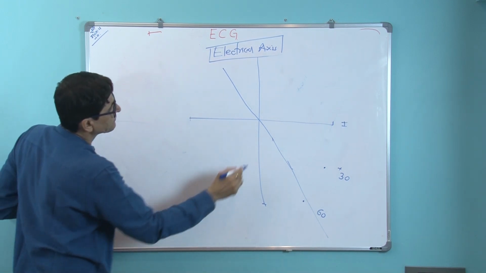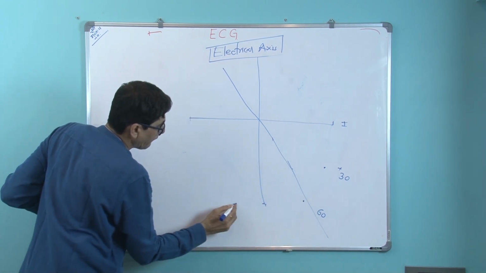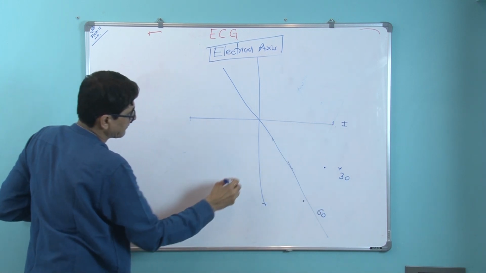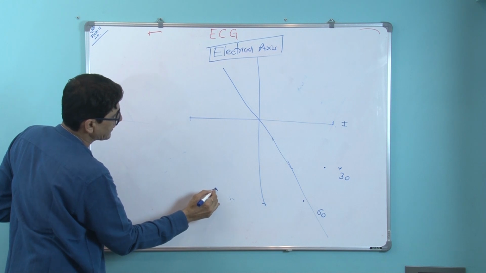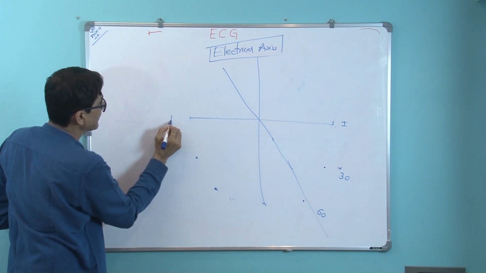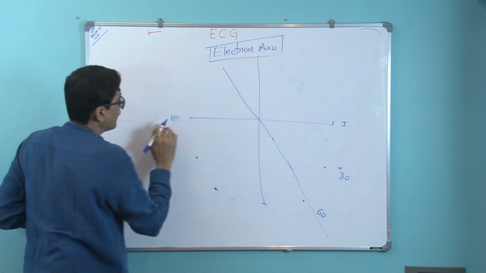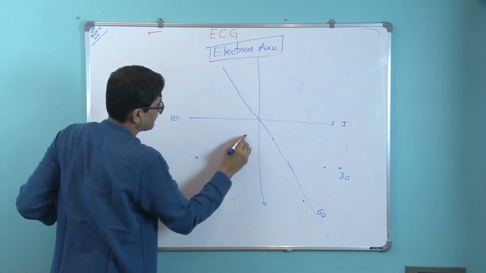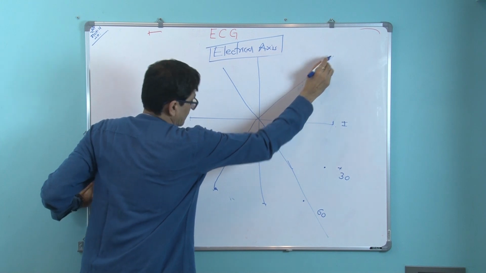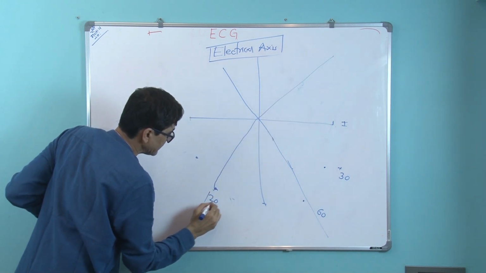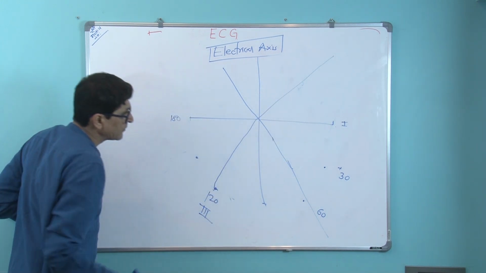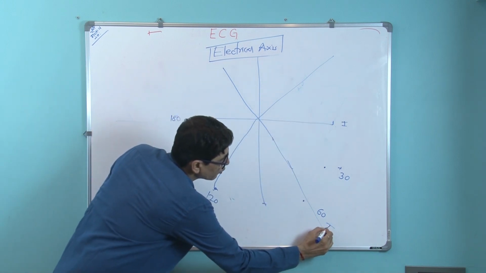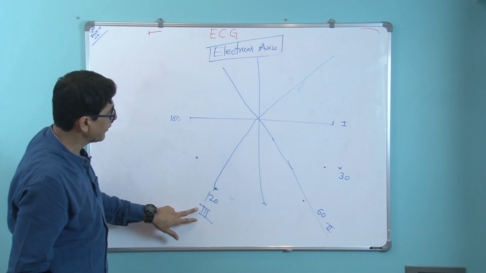Lead 3 will be at 120 because 0, 60, 120, 120 here, 150 here, 180 here, see 0, 180. So this is 120, this is lead 3. So 1, this is lead 2 at 60, lead 3 at 120.